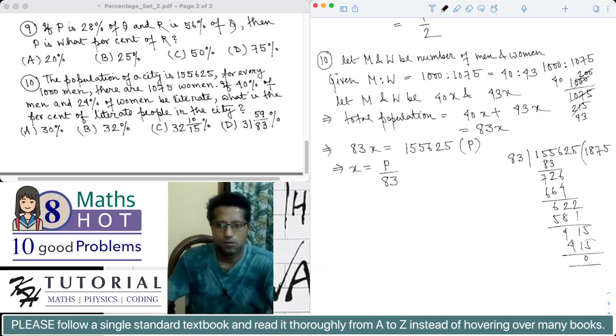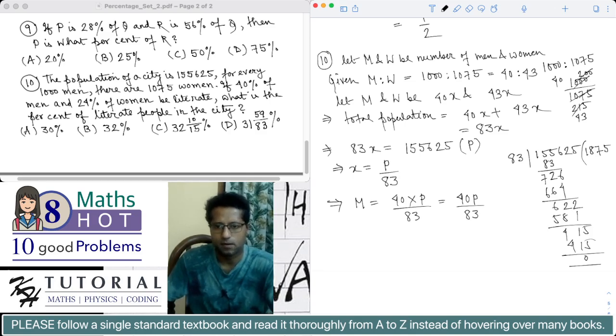Okay. So m is equal to 40x. So 40 multiplied by p divided by 83, that is equal to 40p by 83.